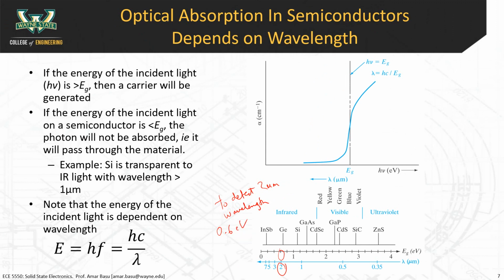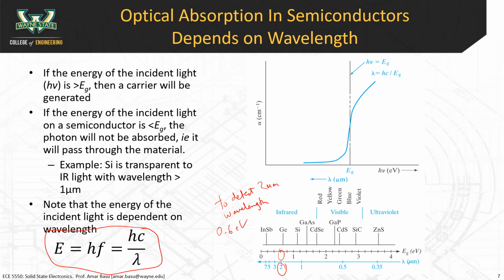The way that we got from the wavelength to the band gap is that we use this equation here, okay? We said that in order to detect a 2 micron wavelength, your lambda is equal to 2 microns. You convert that to an energy using the Planck's relationship.